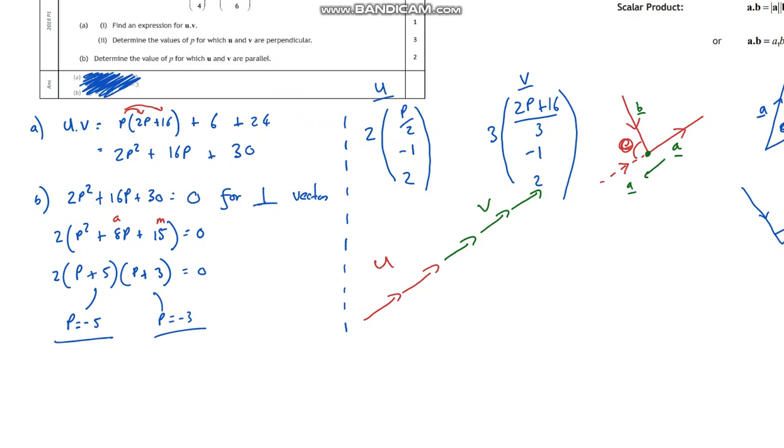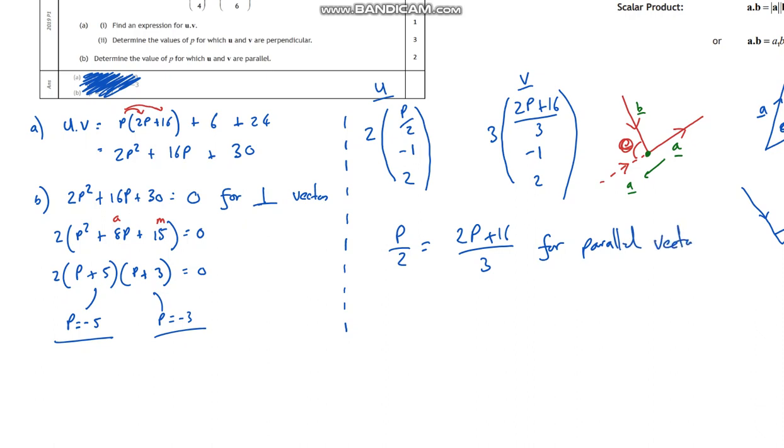So I'm just going to rub that out just now. So at that point, I'd be saying, well, p over 2 is going to equal 2p plus 16 over 3 for parallel vectors. And then we're back to National 5.